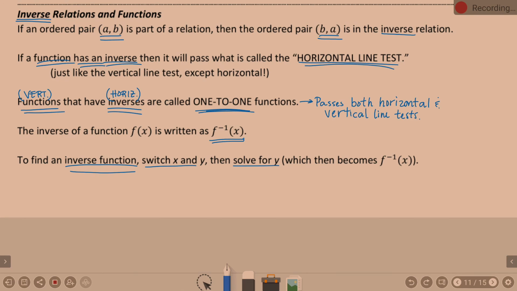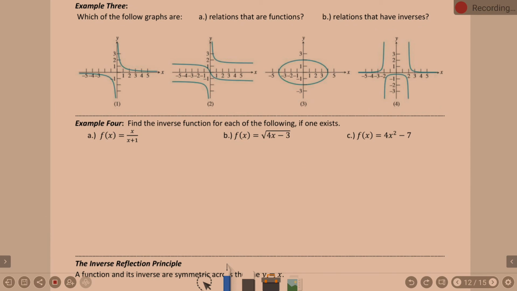which of the following graphs are A, relations that are functions, and B, relations that have inverses? So A is asking, are they relations that are functions? How am I going to assess that? Okay, so on part A, you're going to be checking to see, does it pass the vertical line test?